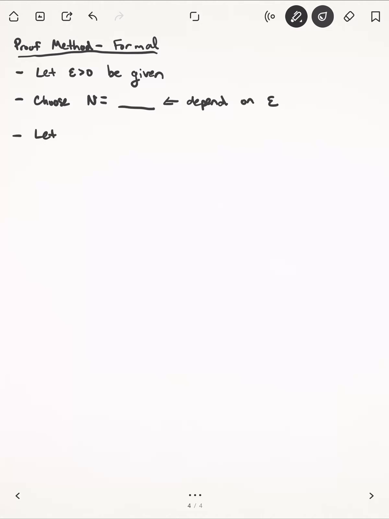And then you're going to let n be a natural number with n bigger than that number that you've chosen. And I'm going to put 3 dots here. This is going to involve important scratch work. And really the meat of these proofs go into these important scratch work parts.